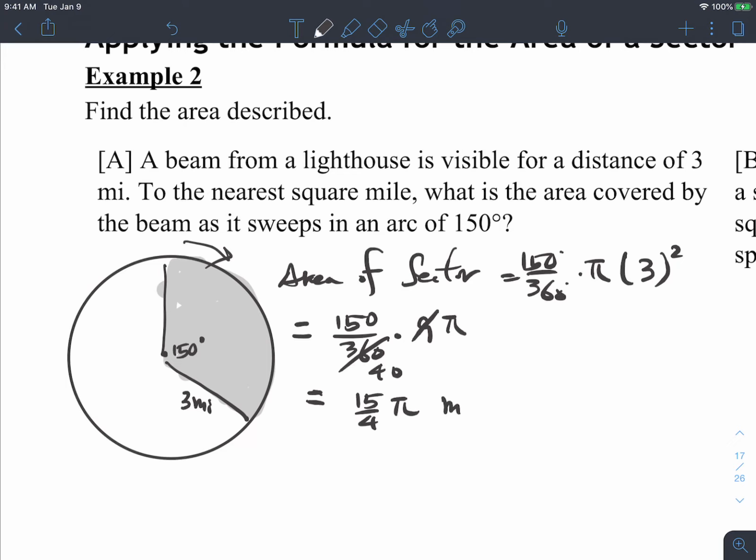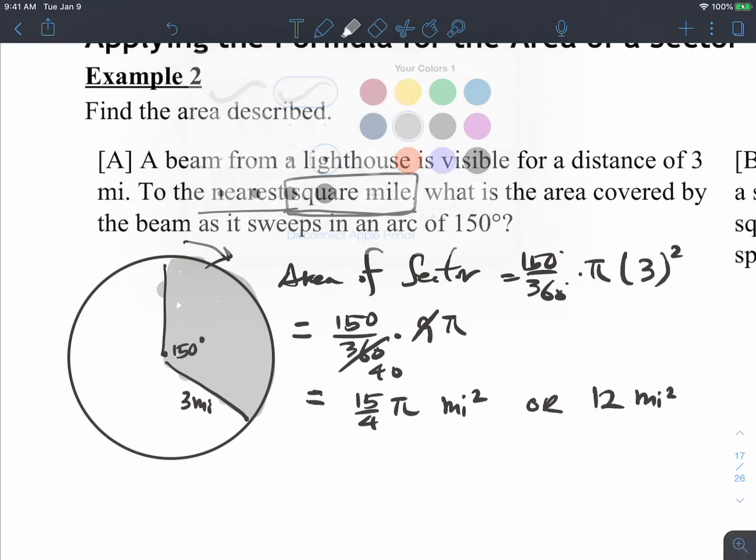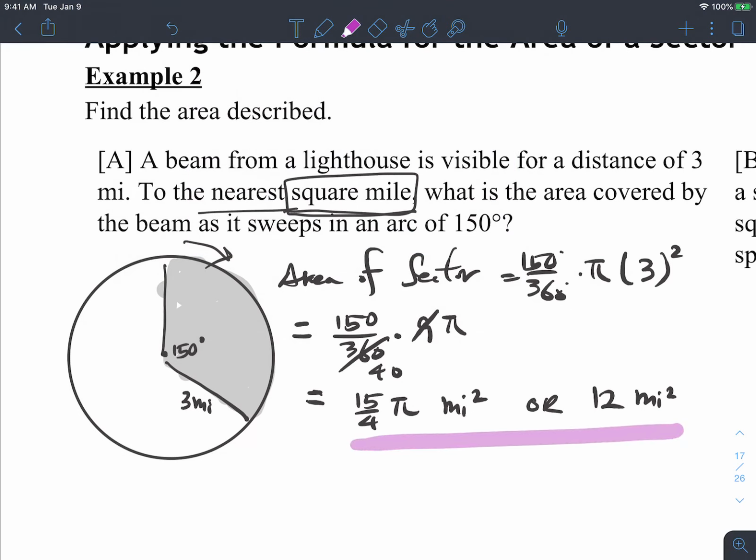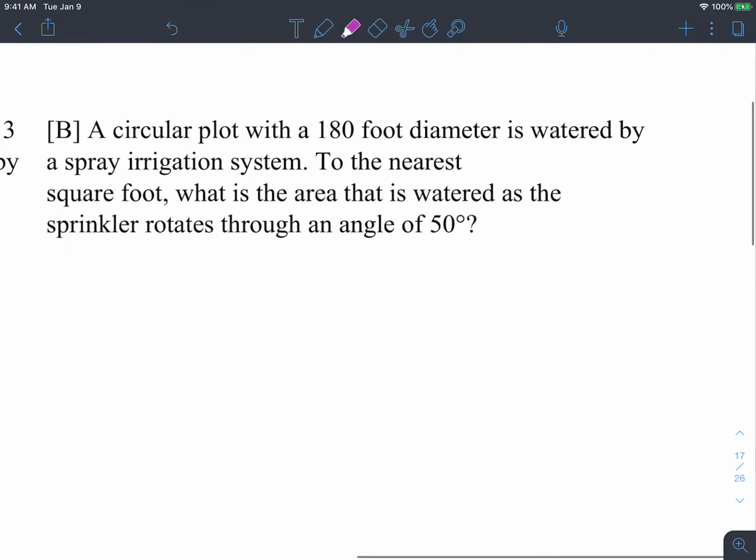That is a square mile. Okay? Because I asked for it, you need to say it. Okay? And it did ask for the nearest square mile, so you need to put that in a calculator. And when you do that, it should come out to 12 square miles. So I'll highlight the portion that I would like to see as a part of the answer solution right there. Okay, guys?